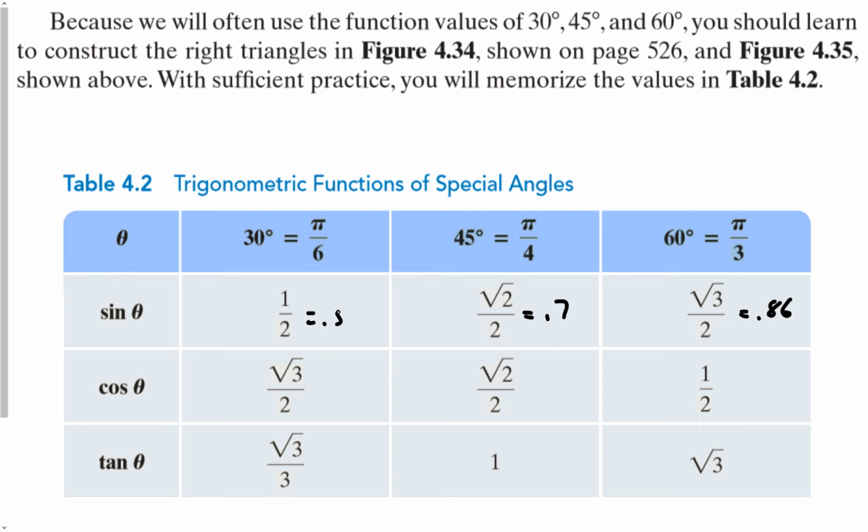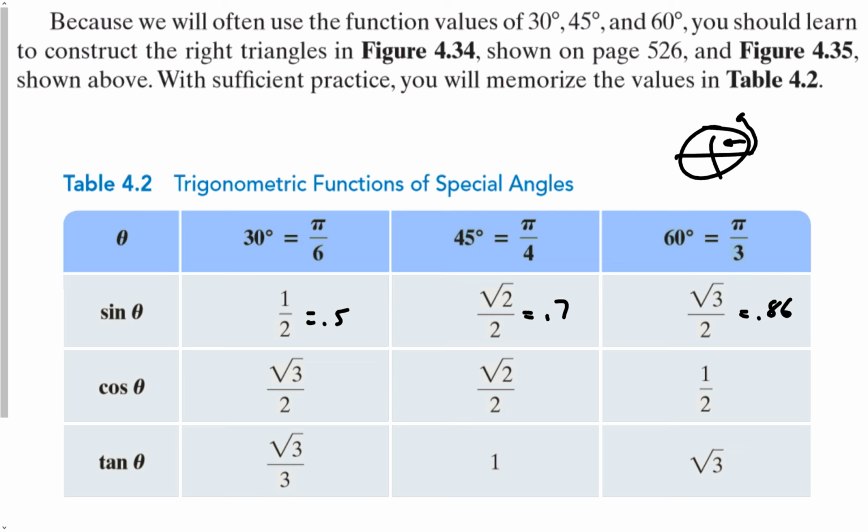This is 0.5. So because the sine represents the y coordinate on a unit circle, as I'm going around, look, I'm going higher. Cosine's going down because as I go around this way, I'm getting closer to the x-axis. And the tangent is weird because it's a ratio.